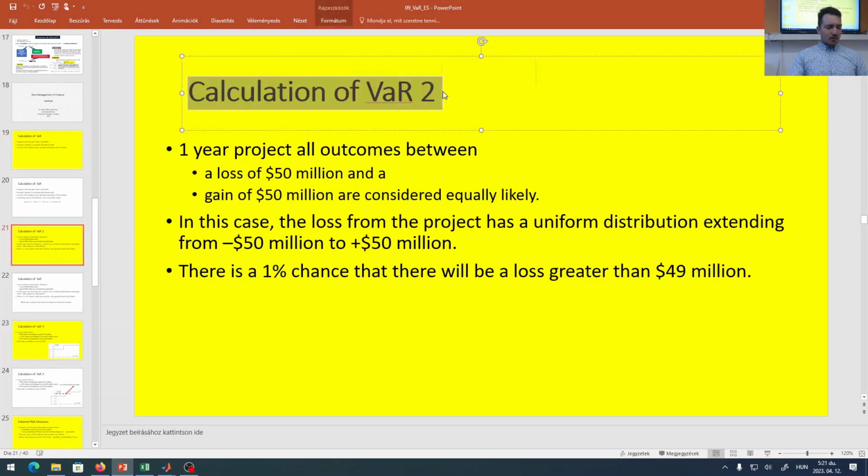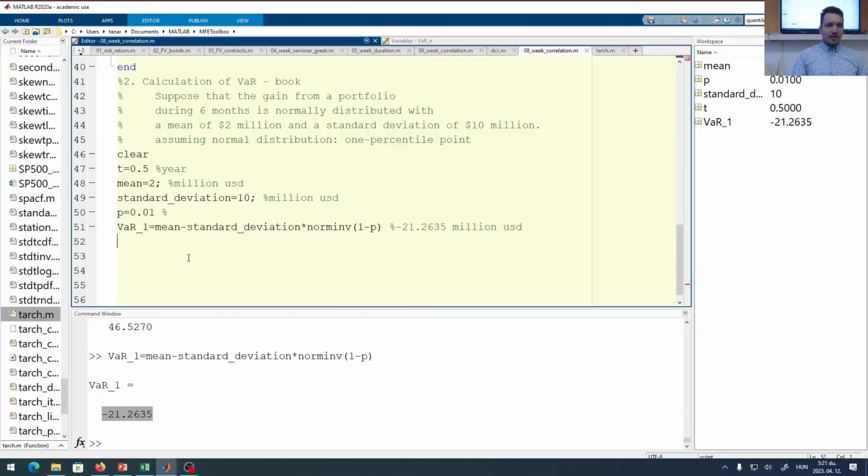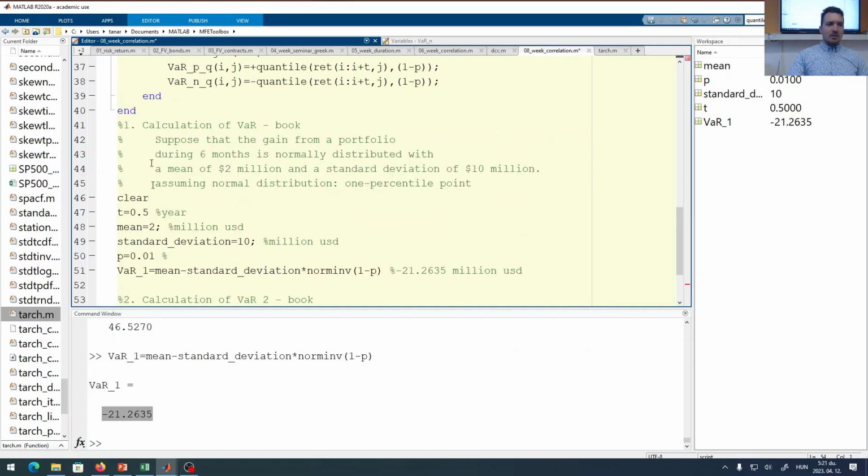Okay, calculation of VaR 2. How can we do this? Let's say that this is 1, this is 2, because in this case at least it's connected to the book. Let's separate them with a space.